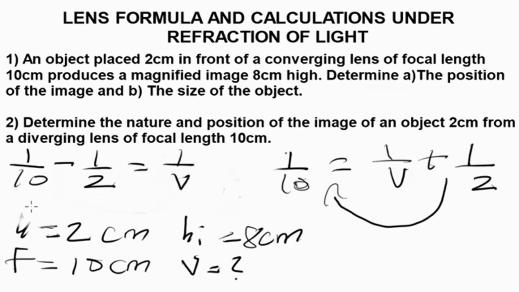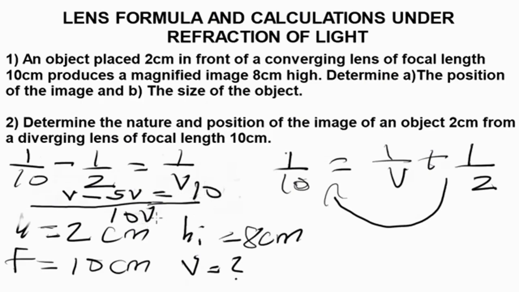So you find their LCM. The LCM will be 10v. Okay, so 10 into 10v will give us v, minus 2 into 10v will give us 5v, equals v into 10v will give us 10.